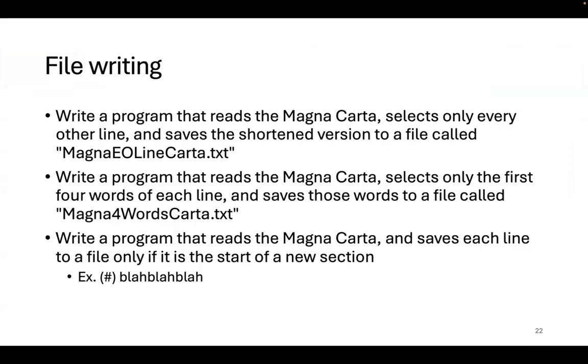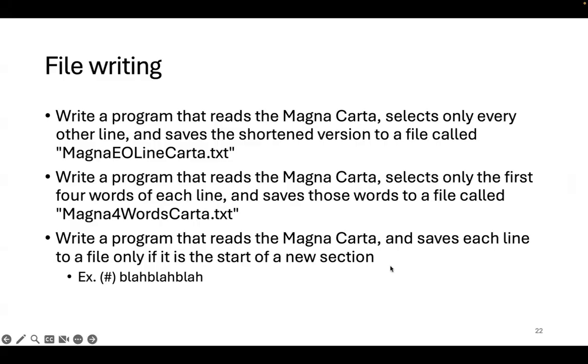If we start counting at 0, line 0, line 2, line 4, and so on, or you can choose 1, 3, 5. Select only every other line and print that to a file. Another method reads the Magna Carta, grabs only the first 4 words of each line, and saves that to a file.